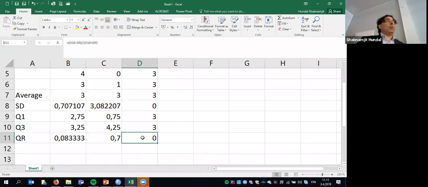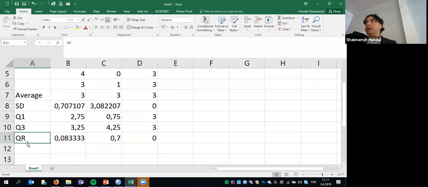The problem with Q1 and Q3 is that these are absolute measures. They're not size neutral. The good thing about the quartile range is that it takes away the size. So, for example, your sample can be compared with another sample, even though you have a different number of respondents. You might have 500 people in your interviews, you might have 50 people. To bring the comparison, we can't use Q1 and Q3.